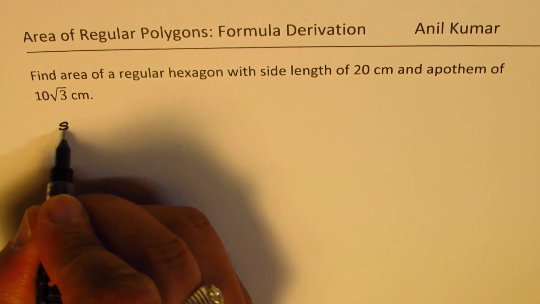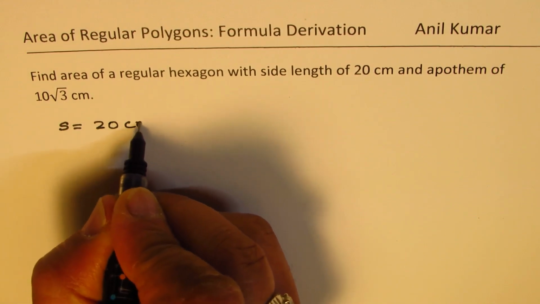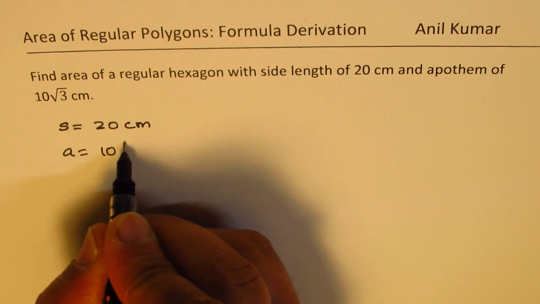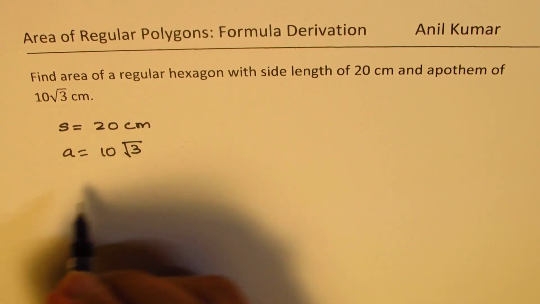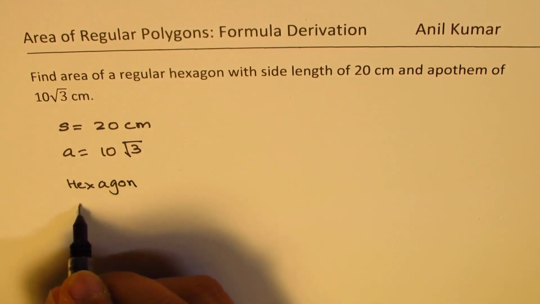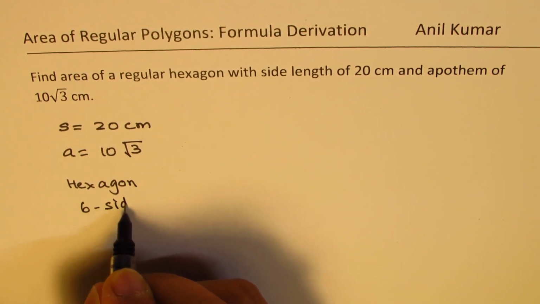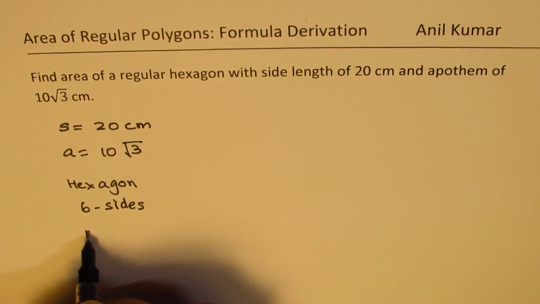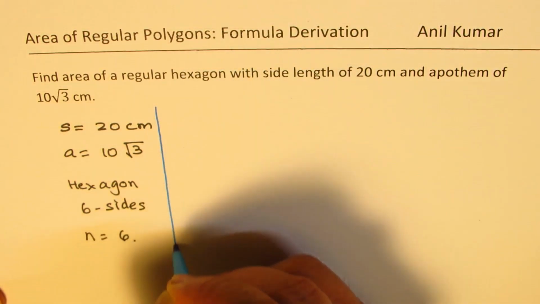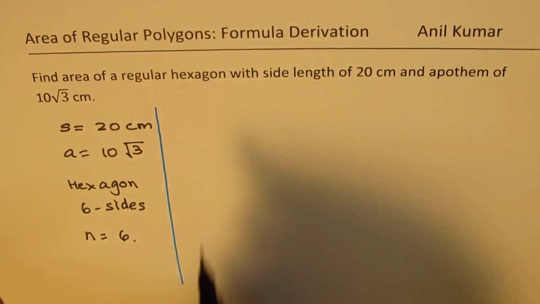So we are given a side length of 20 centimeters and an apothem of 10 square root 3. Now we're talking about a hexagon. Hexagon means six-sided. So we know n is equal to 6. Correct? So now you can actually pause the video, calculate the answer, and then look into my suggestions.